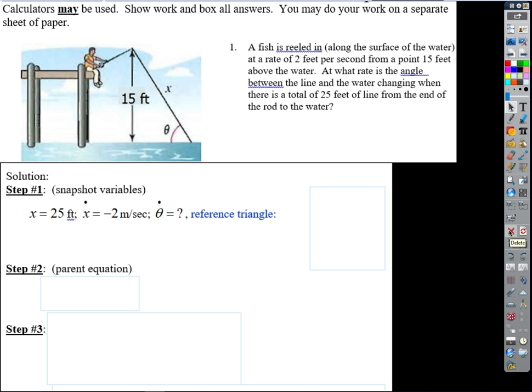We know that at the frame in the movie we're looking at, x is 25, x dot is -2, and we're looking for theta dot. Oh, you know what, that's not supposed to be meters per second. That's supposed to be feet per second. You might make that change on your solutions.